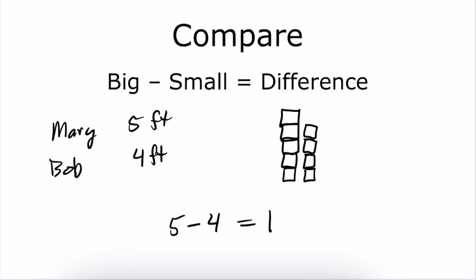But this makes it easier for students to visualize that Mary is 1 foot taller than Bob, because there's kind of an empty space of 1 foot above Bob's height compared to Mary's height. So this is the idea for compare word problems. And just like all of our other word problems we've looked at so far, you can either have the big value or the small value, or the difference be missing from the problem.